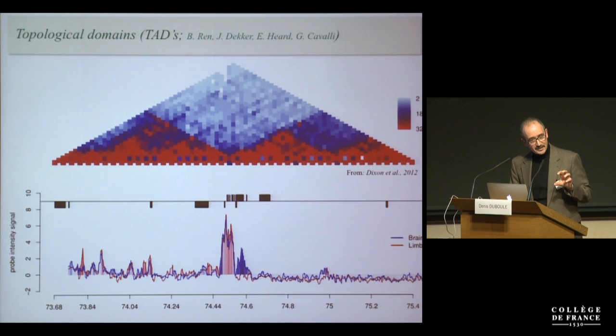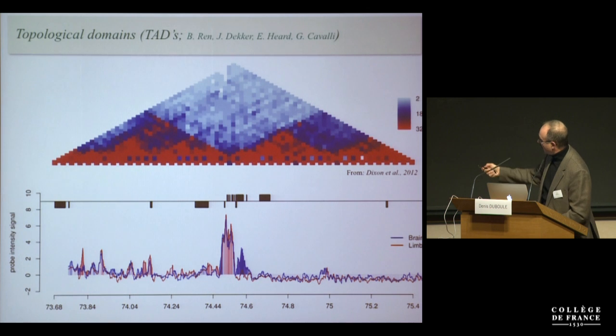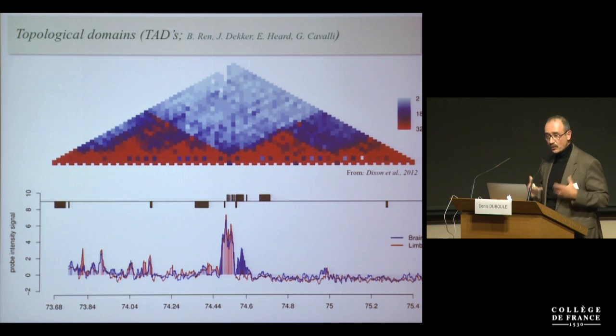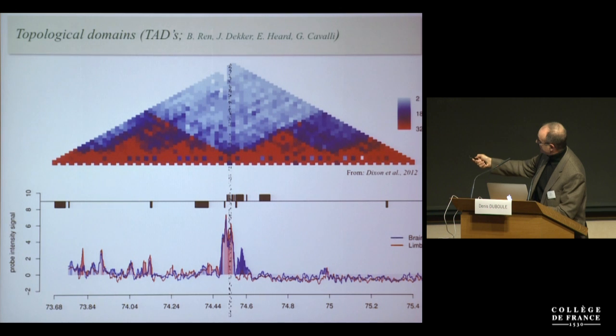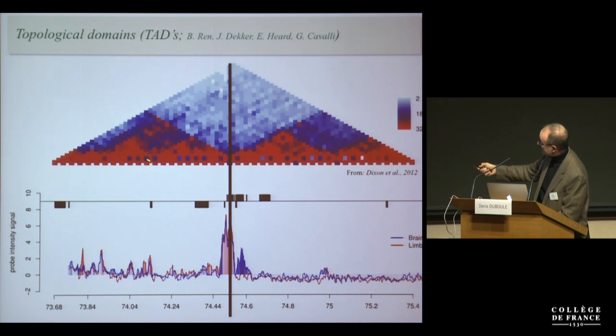Now, when we extracted from this data set from Bing Ren the data corresponding to the HoxD locus here, we saw that, in fact, these 2 regulatory landscapes, these 2 gene deserts I just described, perfectly matched 2 TADs, that is, again, megabase-large pieces of chromatin where contacts are very much enhanced. Now you see that there is a very strict boundary between these two TADs, as if sequences here would be unable to contact sequences there.